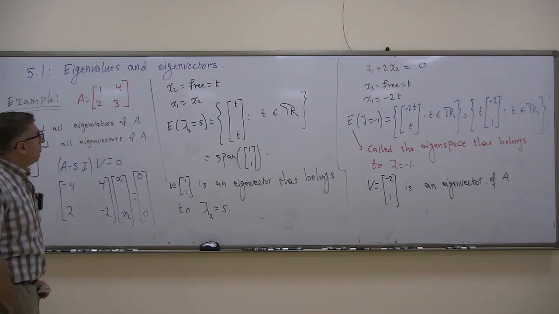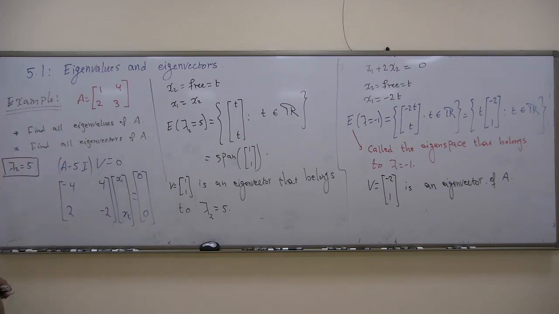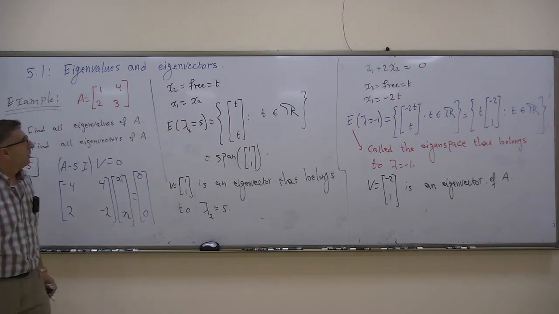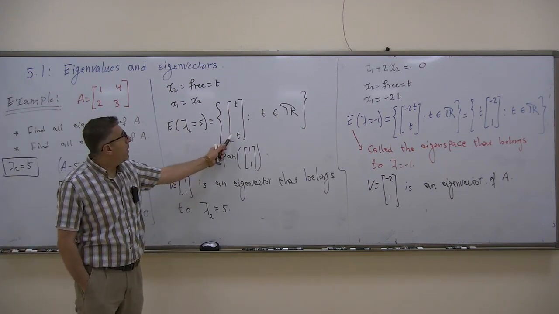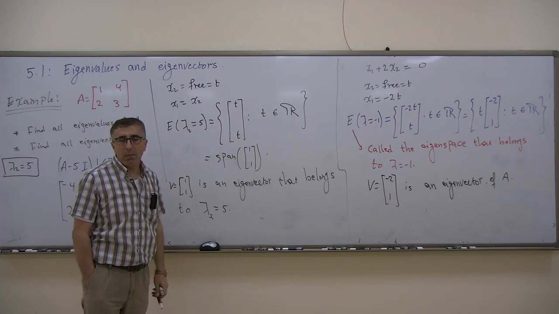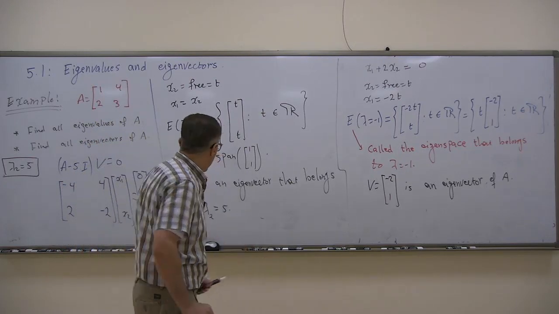Okay? Well, we can write some facts that are easy to conclude from this. The first fact: if you have an eigenvector, then any scalar multiple is also an eigenvector. So let me write that.